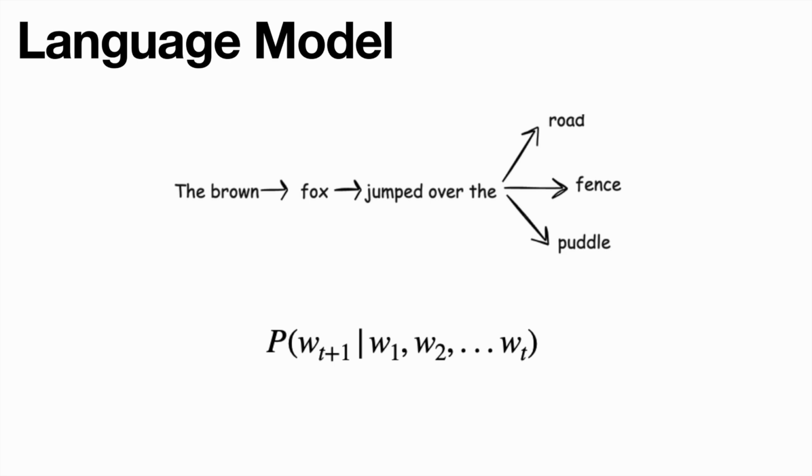Basically, our main goal here: suppose we have generated a few words, we want to know which word should come next. Like here, if we have generated W1 to WT, then we want to know the probability of WT plus 1. That's pretty much what a language model is about.